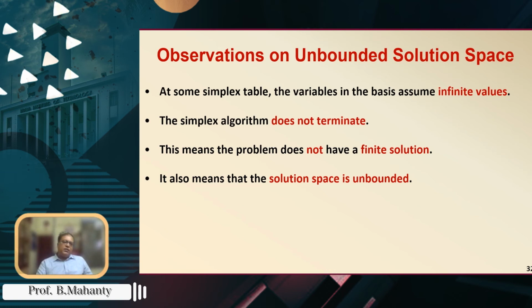There is a solution space, but there is no upper bound. Since there is no upper bound in a maximization problem, we might have an infinite value in the basis. When you have an infinite value in the basis, it is impossible to continue any further, and we find a situation where the simplex algorithm does not terminate.